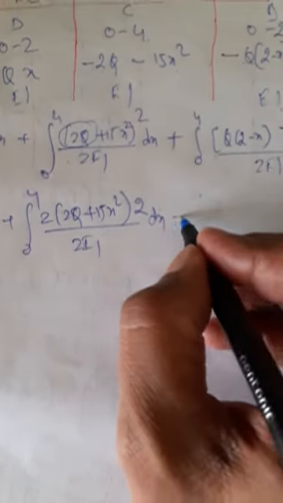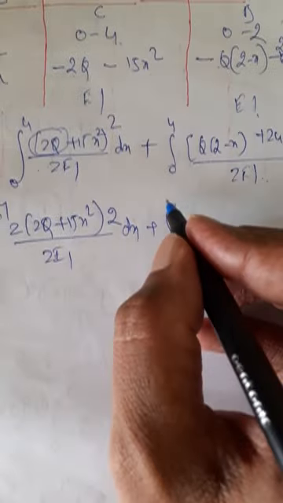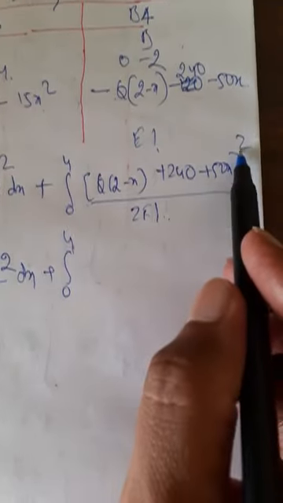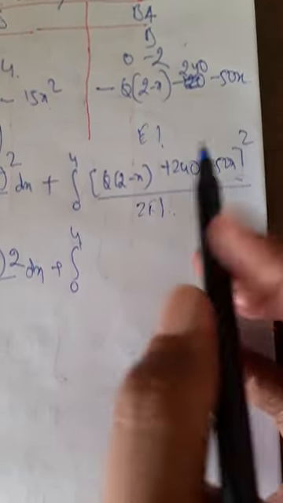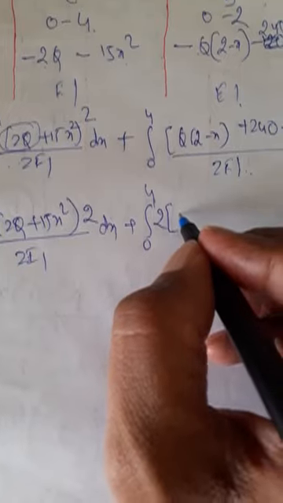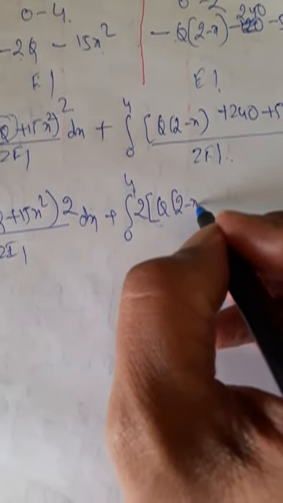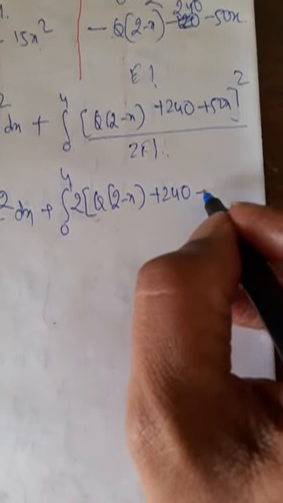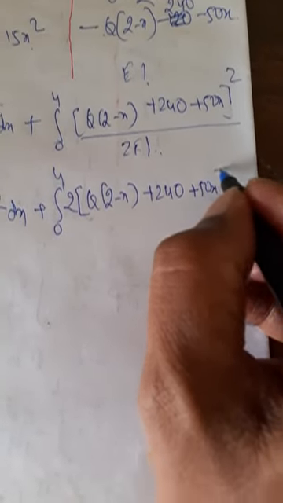Plus 0 to 4. Again here it is the whole bracket square, so first 2 into this whole bracket as it is, Q into 2 minus x plus 240 plus 50x.